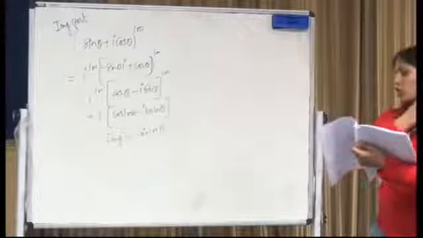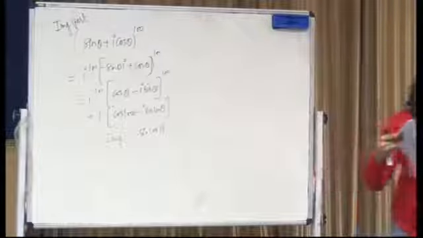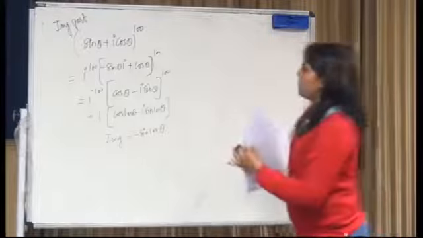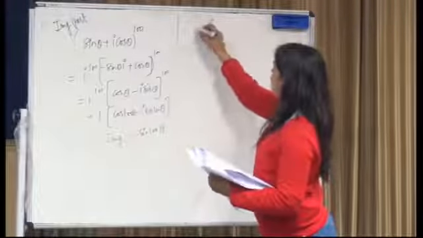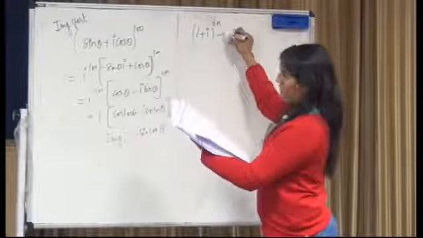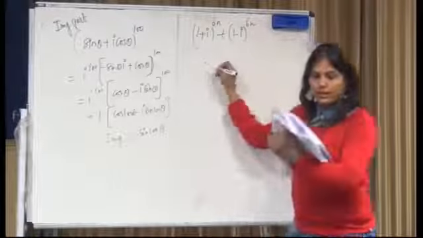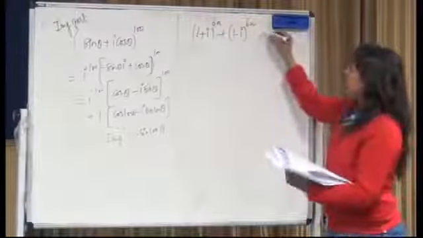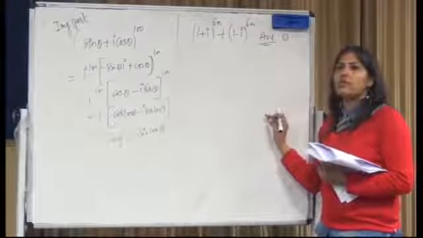Yes, 1 plus iota to the power 6n plus 1 minus iota to the power 6n. This was the question, and answer was 0. Can you do it by using the polar form and de Moivre's theorem?